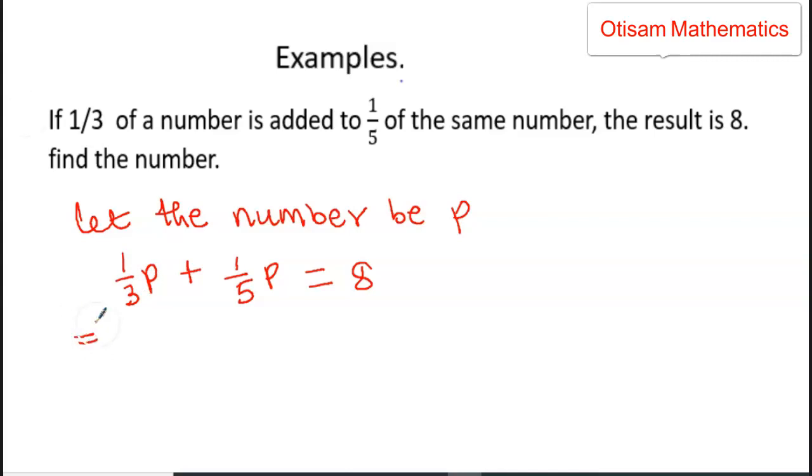This implies that 15 times 1/3 p plus 15 times 1/5 p is equal to 8 times 15. Remember, we are multiplying each side by the LCM, so each term.